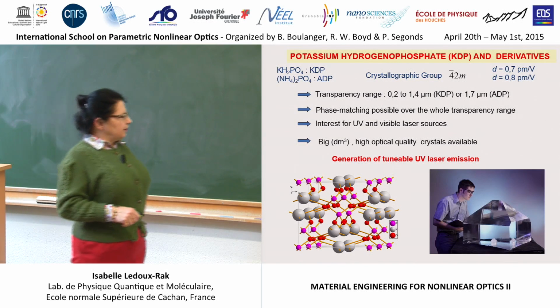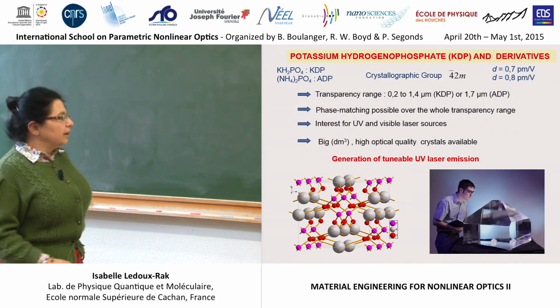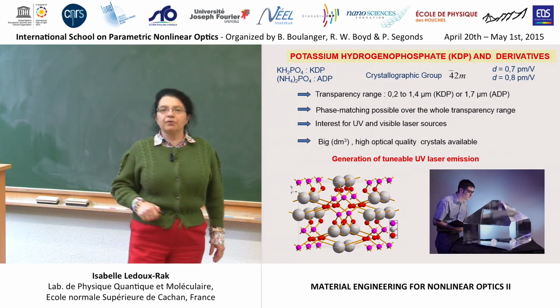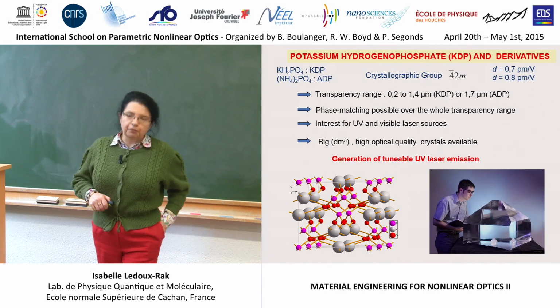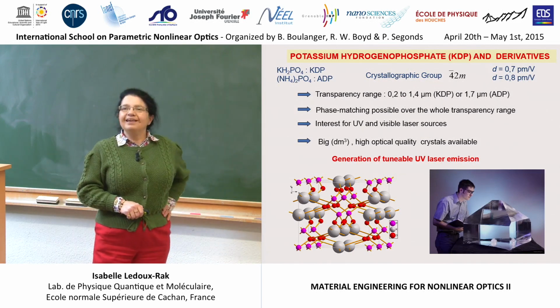But one of the main advantages, especially for KDP, is the possibility to grow huge crystalline samples, which can be used, for example, for high efficiency frequency doubling of high power laser.